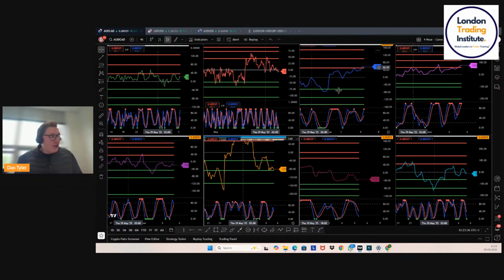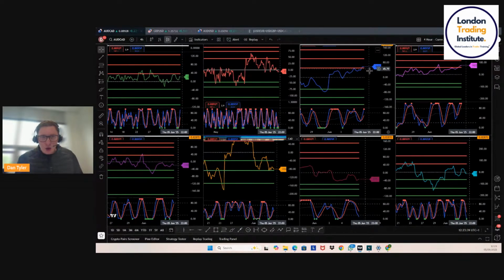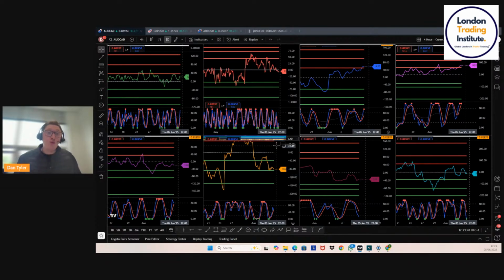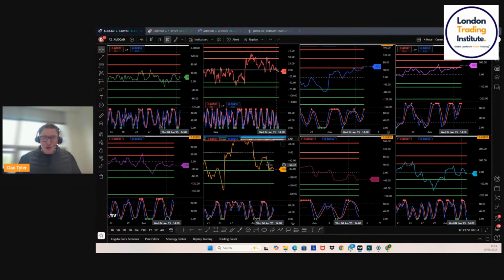So tell me, guys, if we're expecting the Australian dollar to fall because we're overbought, and we're expecting the US dollar to rise because we're oversold, if we trade AUD USD, what direction should we trade it in based off of this?